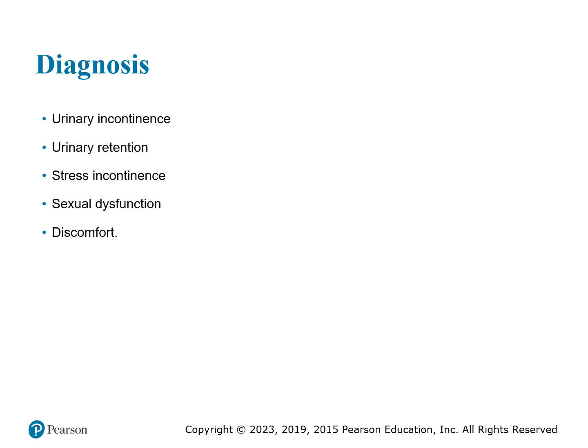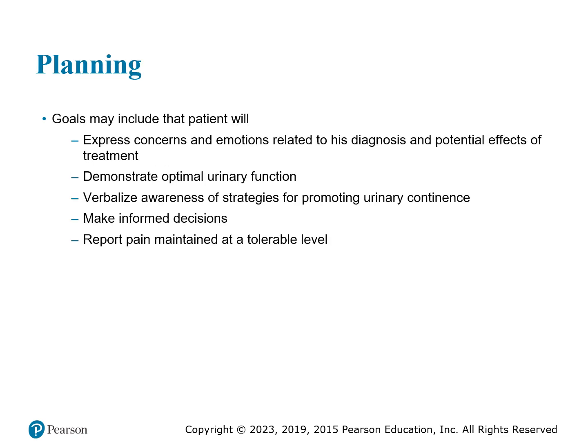Medical diagnoses and/or nursing hypotheses that may be relevant for patients with prostate cancer may include urinary incontinence, urinary retention, stress incontinence, sexual dysfunction, and discomfort. Goals of nursing care may include that the patient will express concerns and emotions related to his diagnosis and the potential effects of treatment.